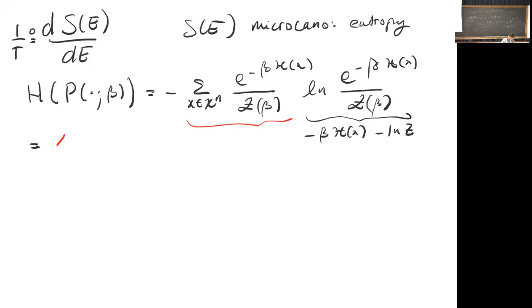So this is the expectation of minus beta h x, and this minus here simplifies, so it's plus the expectation of log z, but this does not depend on x. It has been already summed over x. This is not a random variable. So if you take the expectation of a constant, it gives you the constant.